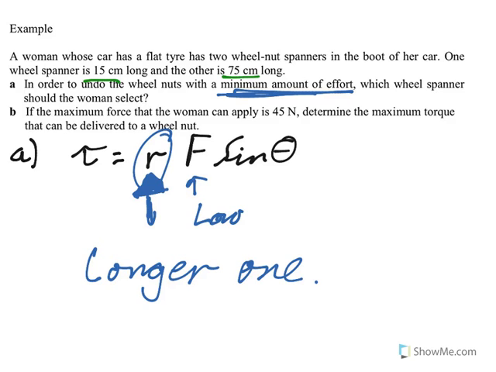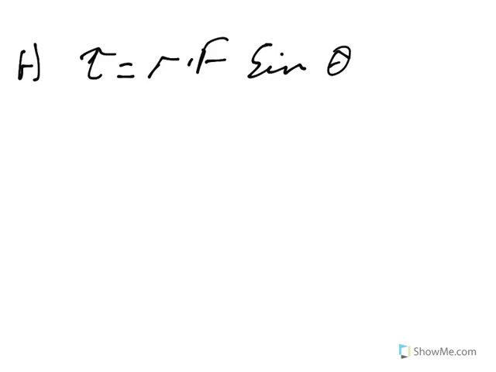So part B, the maximum force the woman can apply is 45 newtons. Determine the maximum torque that can be delivered to the wheel nut. For B, remember torque equals RF sine theta.